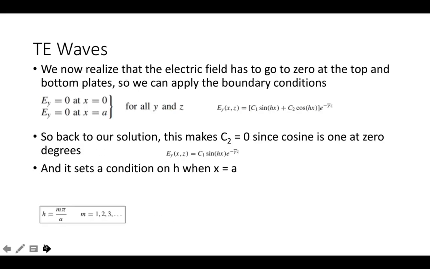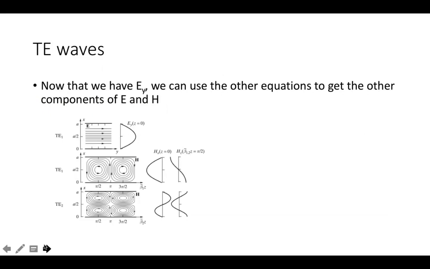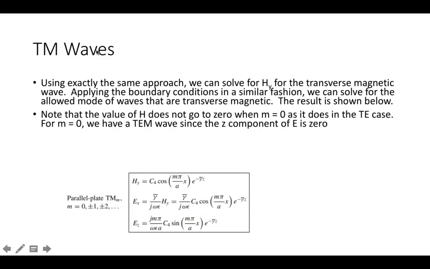All right, so now the other kind of wave that we can look at is the transverse magnetic. And we would basically go through and solve for HY in exactly the same fashion that we solved for EY, applying boundary conditions in exactly the same way.